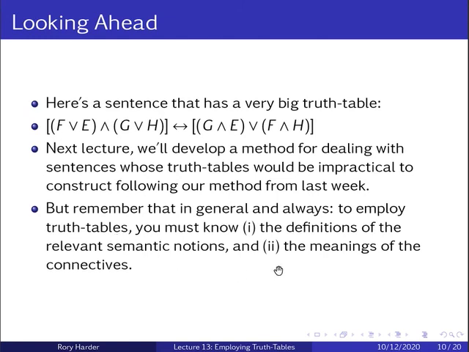And second, you have to know the meanings of the connectives. You have to be able to fill out a truth table by first being given the assignments of truth values to the atomic sentences on a row, and then fill out the truth values of the complex parts of the sentence on the basis of those atomic values, given the meanings of the connectives.